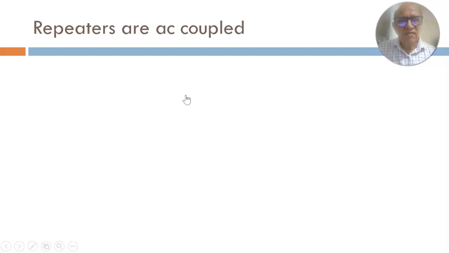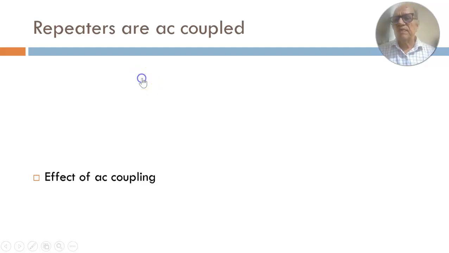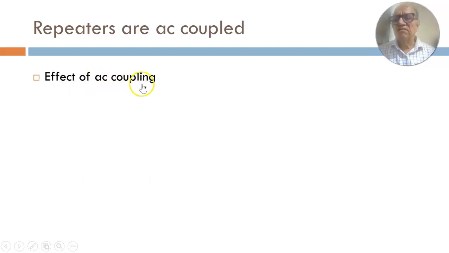So it may have an amplifier and so on. But these repeaters are often AC coupled, and if the signal has a lot of DC component, you will find that it will get distorted as it passes through the AC circuit. So we'll see some specific examples of what happens to the signal. Okay, so the effect of AC coupling, that is what we want to study.